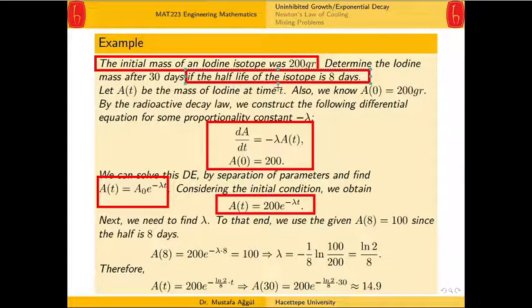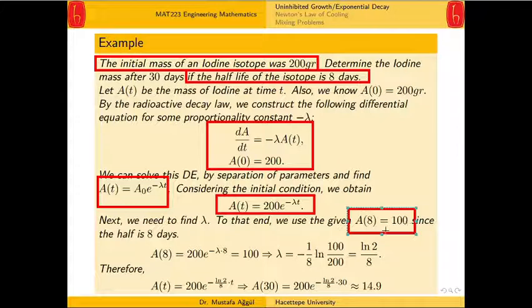If the half-life of the isotope is 8 days, half-life means after 8 days, our amount will be half of what existed in the beginning. In the beginning we have 200 grams, and then A(8) has to be 100. So after 8 days we'll have half of the initial amount, so this will be 100.